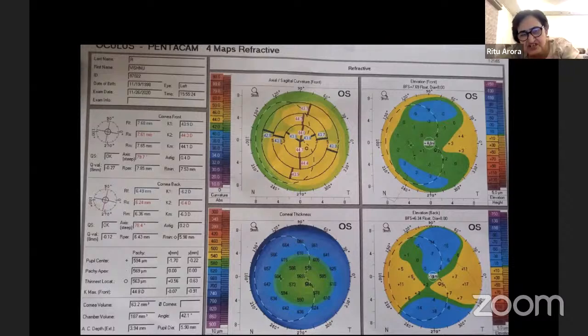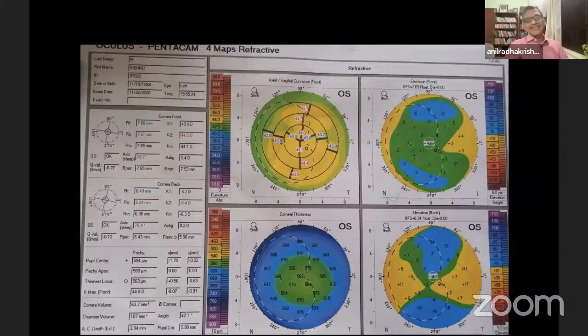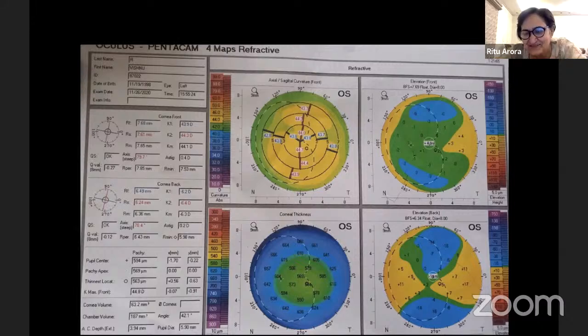Why are you getting this bean-shaped thing? What is this bean-shaped thing? You're getting that bean, no? It's there in all the maps. What does it mean? Is it some kind of pupil dilatation, with some posterior synechiae?